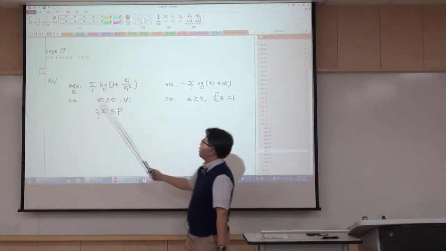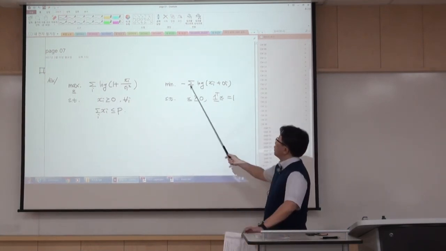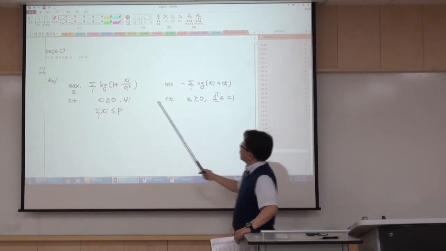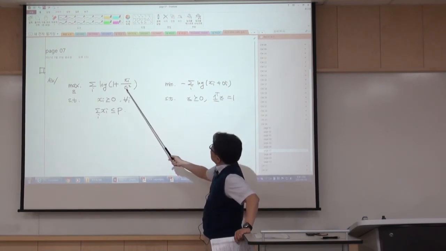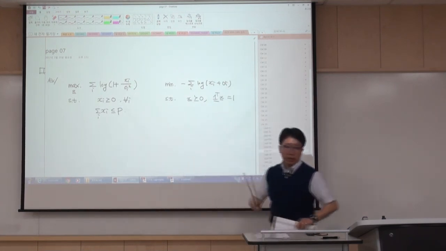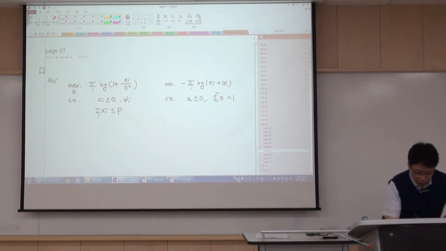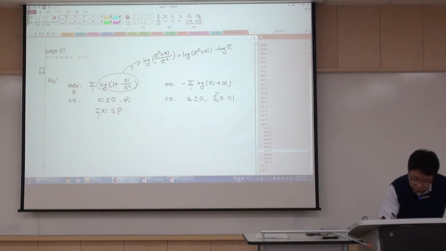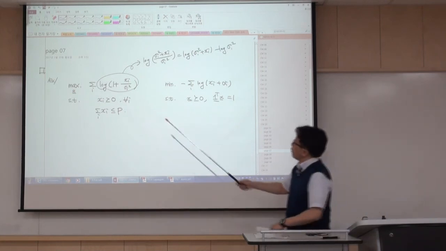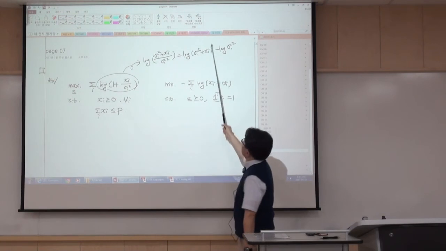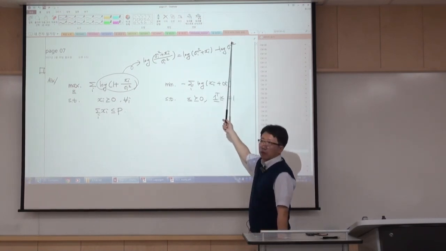So maximization and maximization. Now we have summation of log(xi plus alpha i), and it seems that they look different, but actually not, because let's rewrite this one as log(sigma i squared plus xi) minus log sigma i squared. Then if you sum out, this term will be summed up over i.